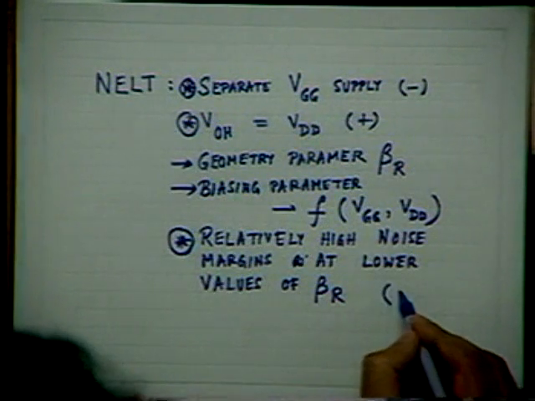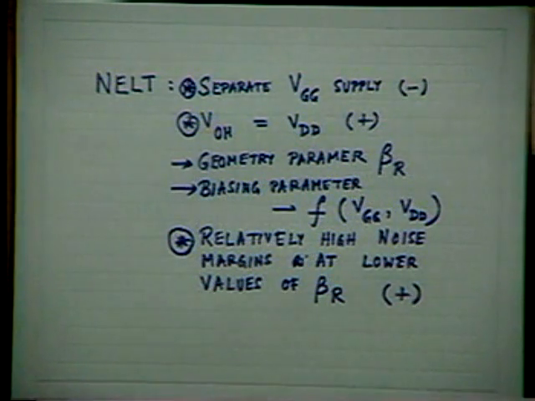And this, I will again say, is a positive feature. That means I can achieve a higher noise margin compared to NELS with a lower value of beta R. Only what I have to do is to have a higher value of VGG normally. I have to use still higher value of the gate supply voltage. Then you see the packing density will be improved.